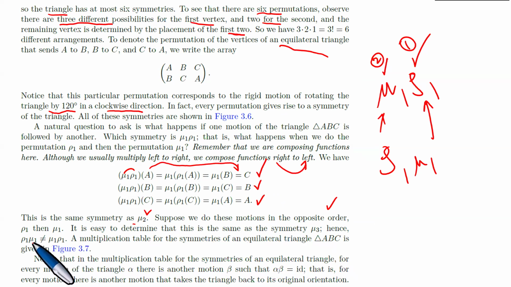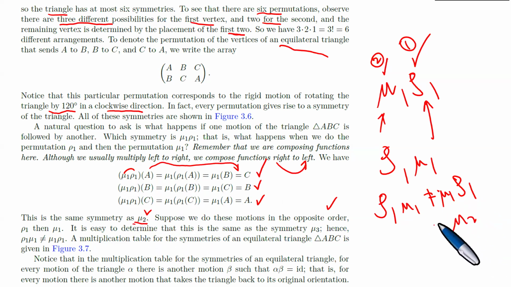Hence, we are able to see that doing row 1, mu1 is different from doing mu1, row 1. Because mu1 row 1 is mu2, but row 1 mu1 is the same as the symmetry mu3.